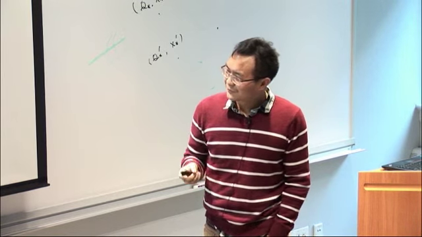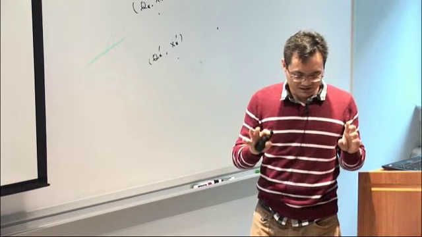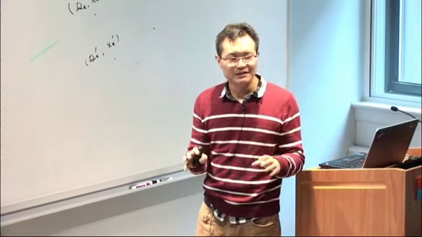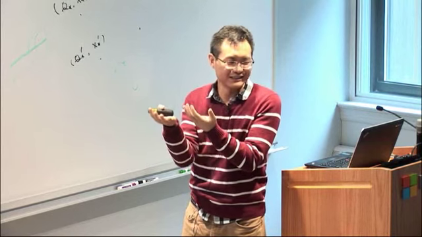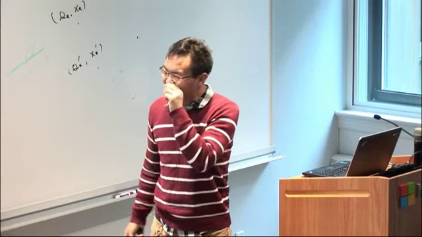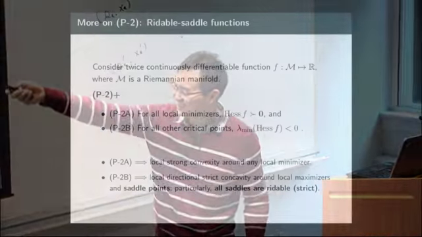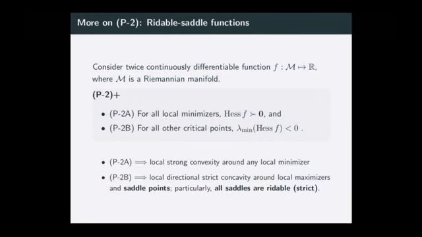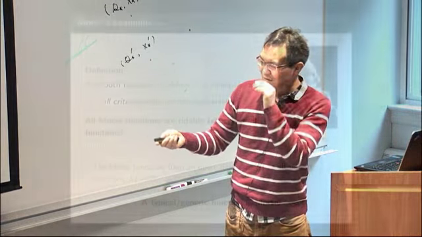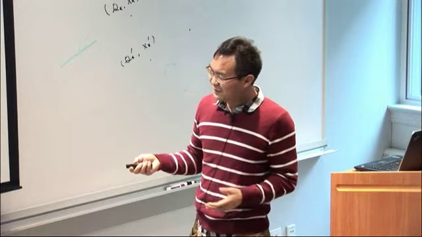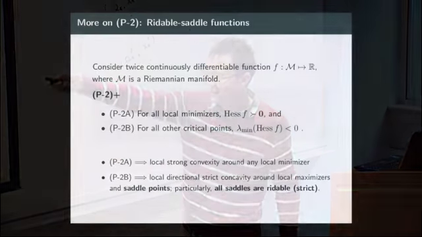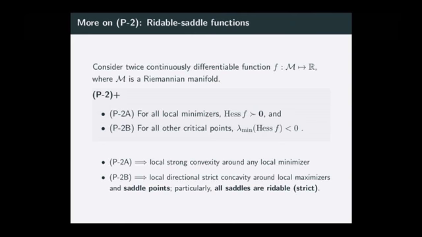So Morse functions are the functions where at all the critical points, the Hessian is not degenerate. That means the Hessian is full rank. So you can actually check that implies these three properties. Anyway, we don't want to get into the technical details, but the point is that we actually have many functions that verify these properties, at least.